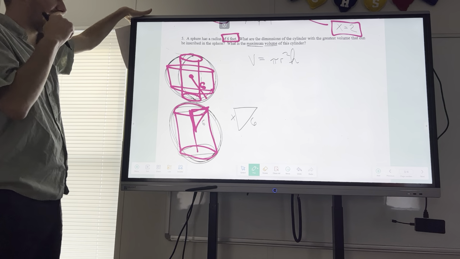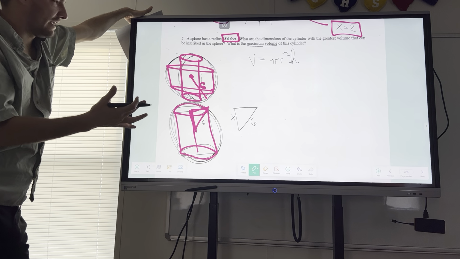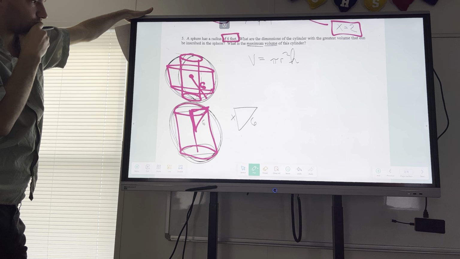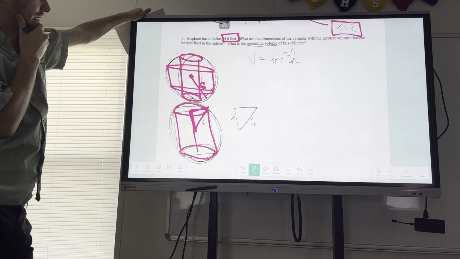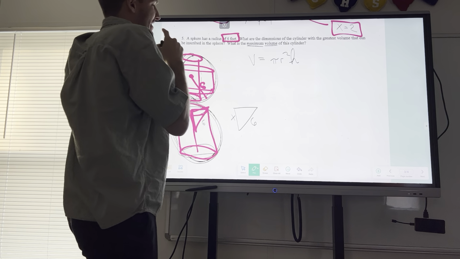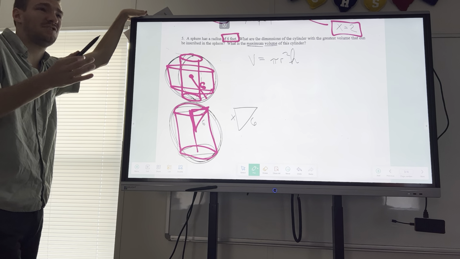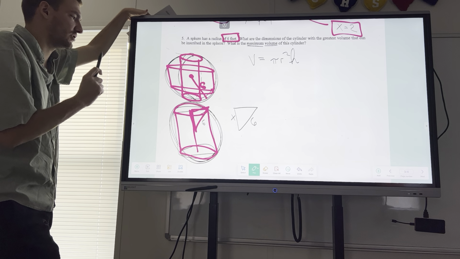So we kind of have 2 options here. We need to set this up. I know that over here, one of these is squared, one of these is not. I'm not really too worried about squares because I can just FOIL it. So I'm not gonna try to mastermind this too much.